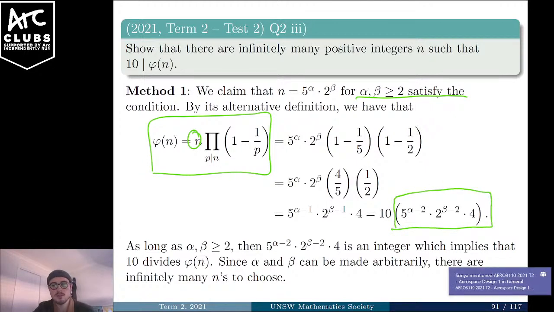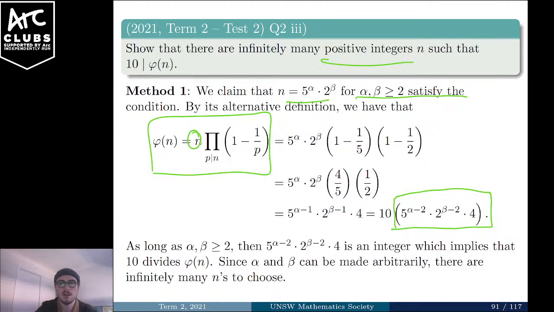Well, the only thing left to do is just guarantee that we get a positive integer. That's all we've got to guarantee. We've got to get a positive integer here because this is the answer to the phi function. Okay, so we say that as long as alpha and beta are greater than or equal to 2, well then we should be okay.